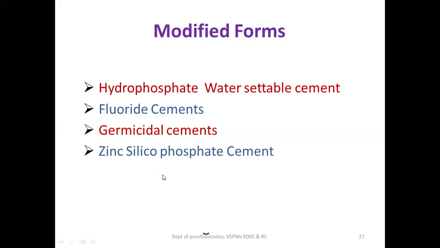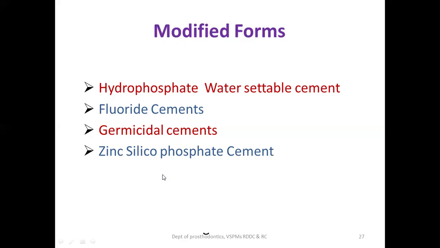We have just seen the silicate cement properties. The silicate cement is very good in aesthetics and it also has an anti-cariogenic property. So this is a hybrid cement of zinc phosphate and silicate cement. It gives you the advantageous effects of both cements.